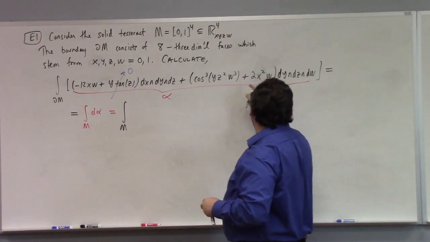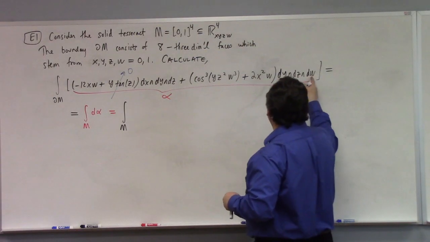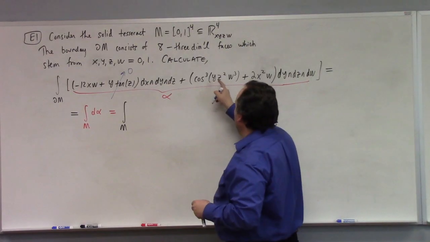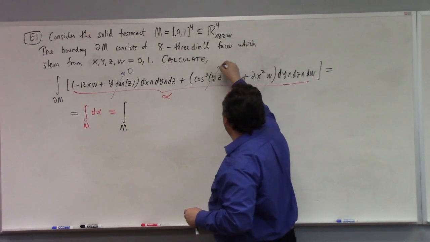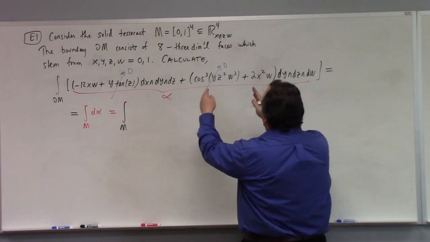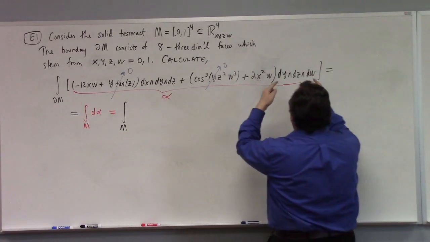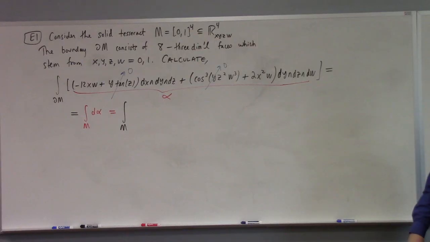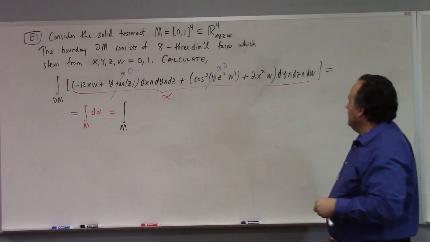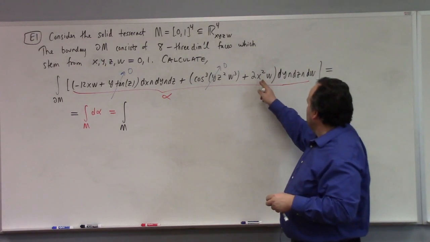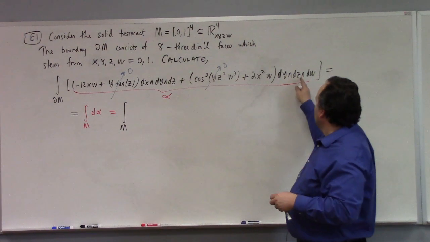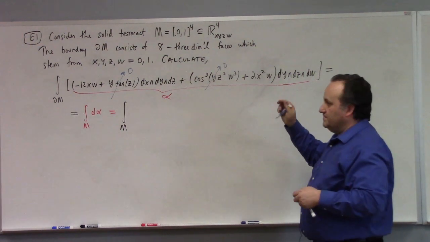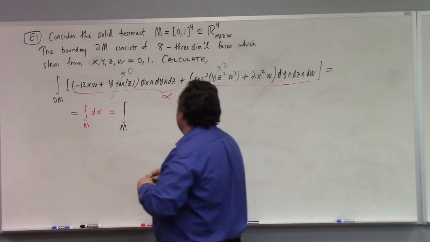This over here, you've got a y, a z, a w. It is 0 also, because when I take the exterior derivative of this, I necessarily have a wedge repeated. So thankfully, we can ignore that. This, on the other hand, could live on because of the x.